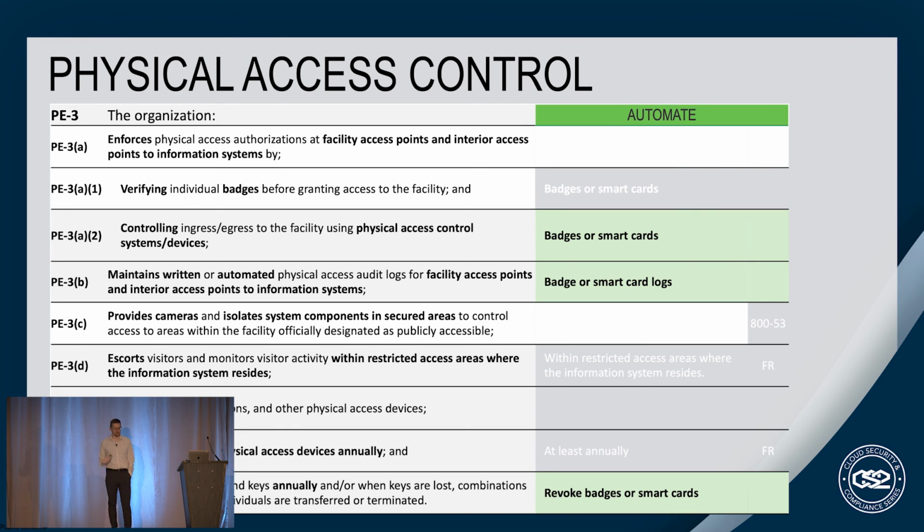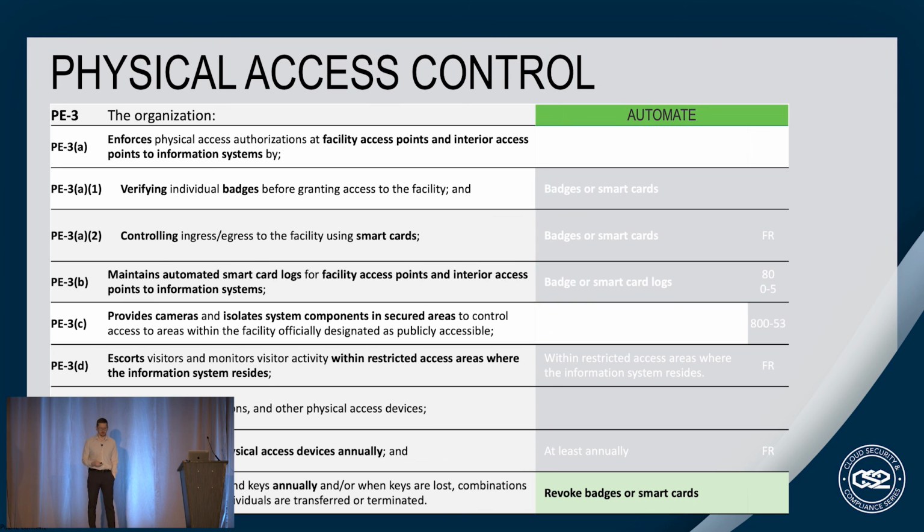So what if I just used badges or smart cards instead of having a manual process for people to check in and for us to know who they are? If I had smart cards for facility access, that would probably speed things up quite a bit, especially when we're talking about maintaining logs. So if we just bake those into the original statements, we're going to use badges or smart cards for all of that. We're good to go. Now this is a much more automated controls implementation.